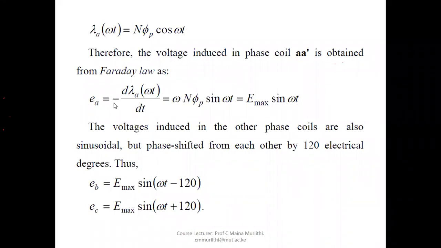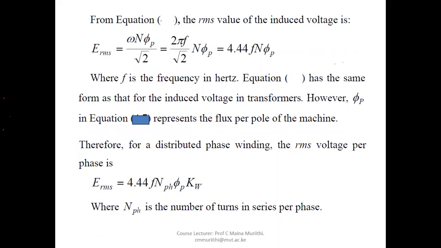And the same equation will apply for phases B and C, only that phases B and C will be out of phase by 120 degrees, either plus or minus. Then next, when we divide the EMF induced by √2, we get the RMS value of that EMF, and we get an equation that we are familiar with, the general transformer equation.